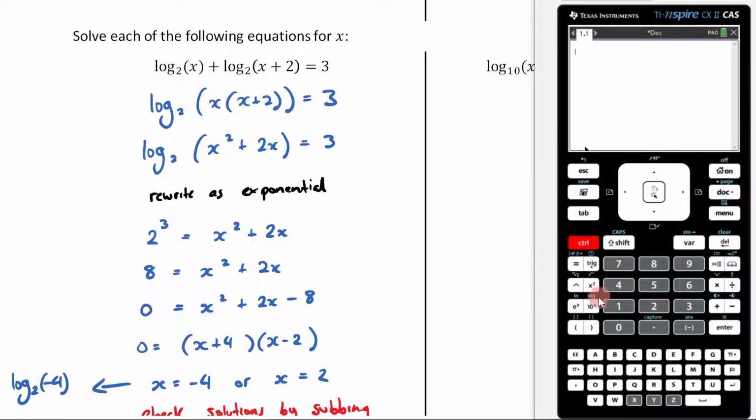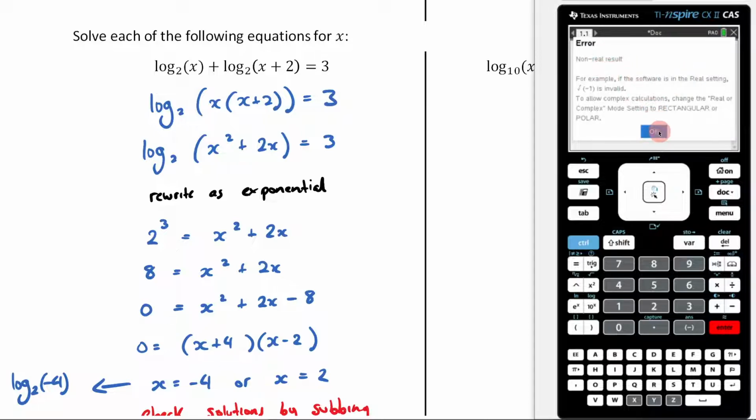I've got log 2 of x plus log 2 of x plus 2, and this is equal to 3. Let me set x equal to -4.